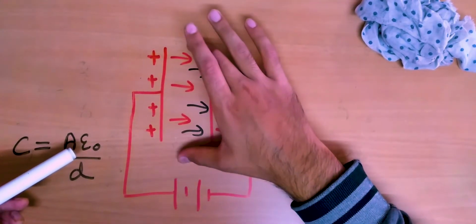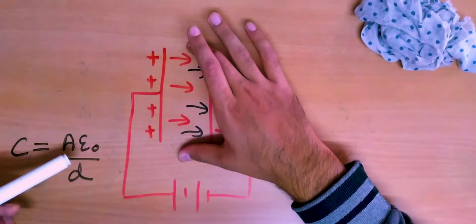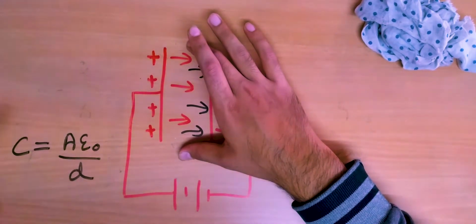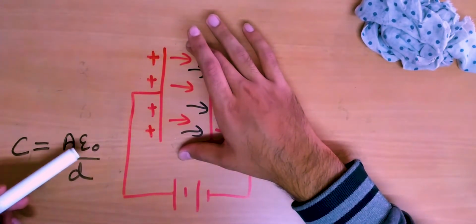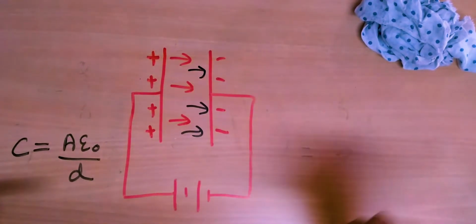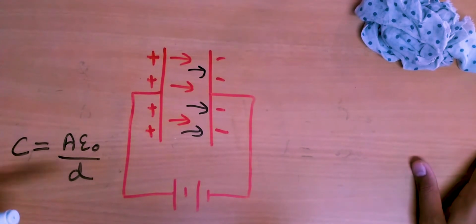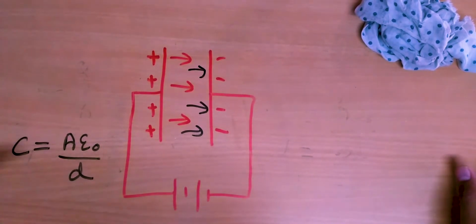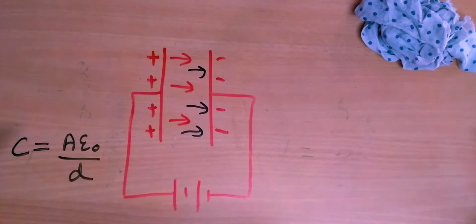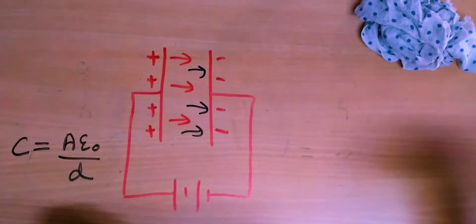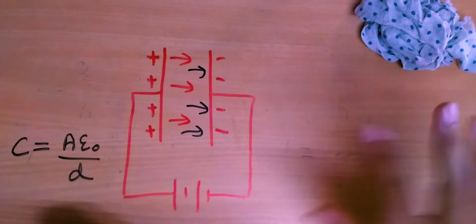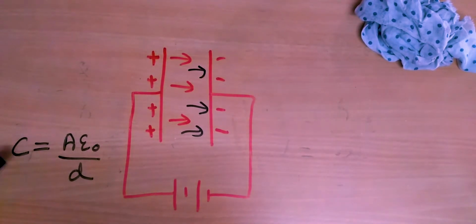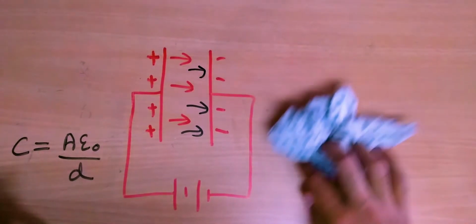So if the electric field can travel easily, the capacitance goes up, and if it cannot travel so easily, the capacitance will reduce. So that is the basic idea: permittivity of free space, which has a value of around 8.85 into 10 raised to power minus 12. I am not sure about the units, but yeah, that is the basic idea behind it, and we'll be looking at it in more detail.